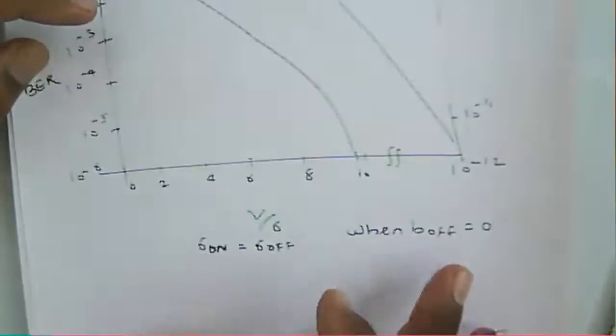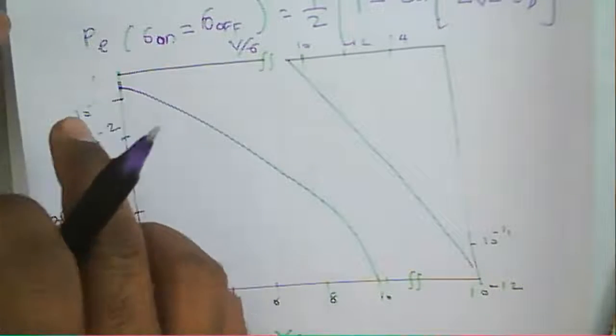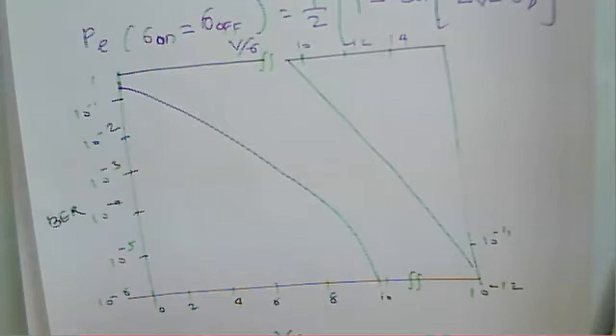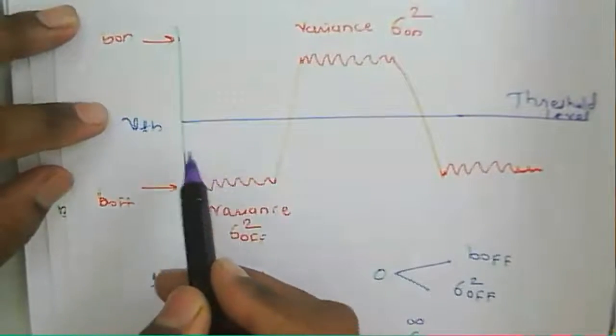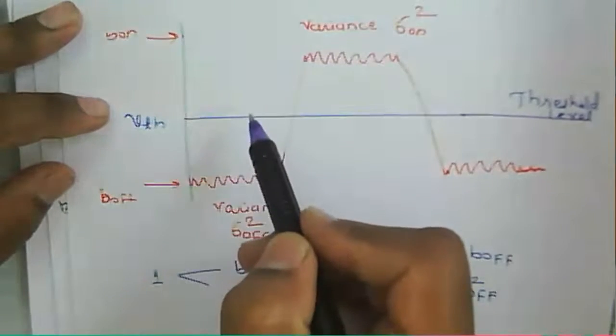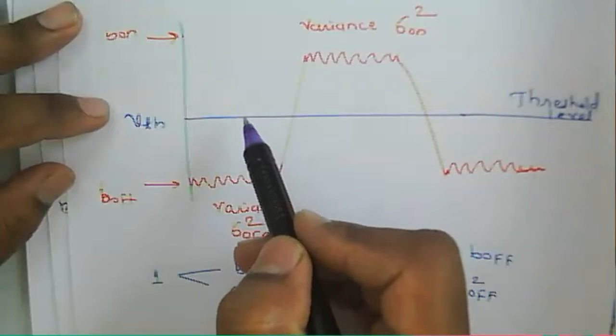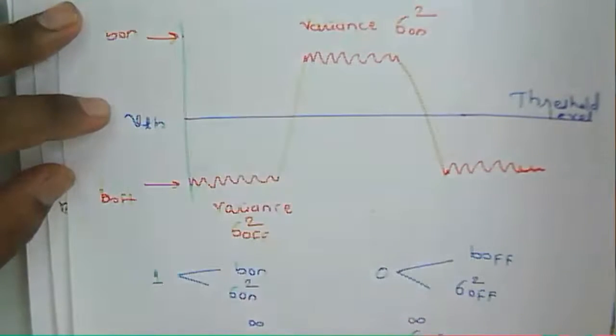So for that purpose, to get that BER within that particular range, we need to define an appropriate threshold value or threshold level so that the signal to noise ratio can be appropriate there.